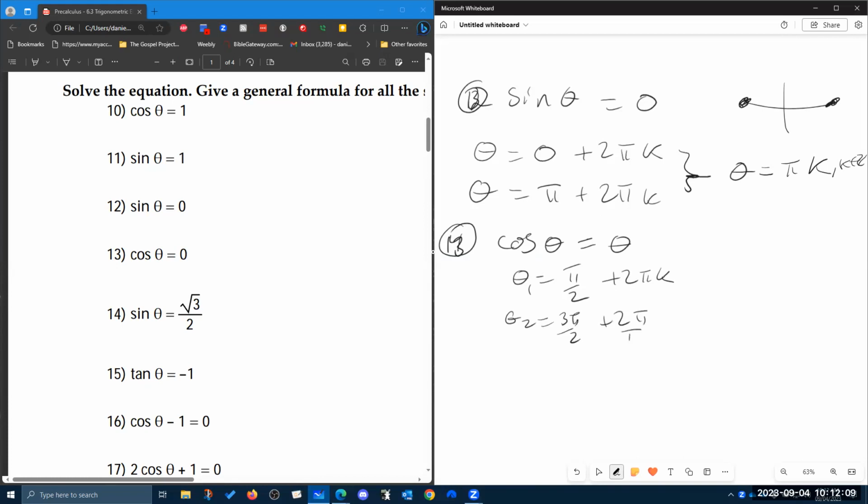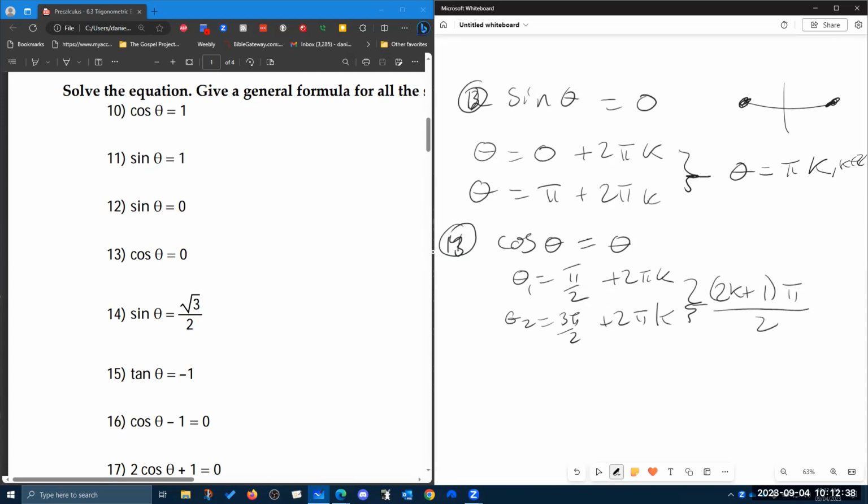But if I look at those two things together, those are odd multiples of pi over 2. So 2k plus 1 is an odd number.